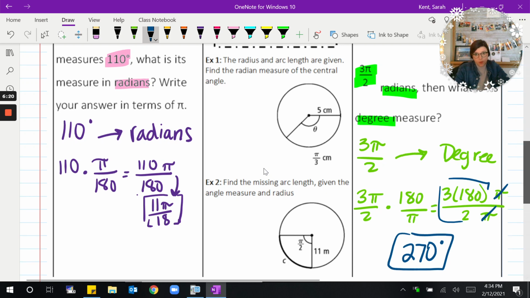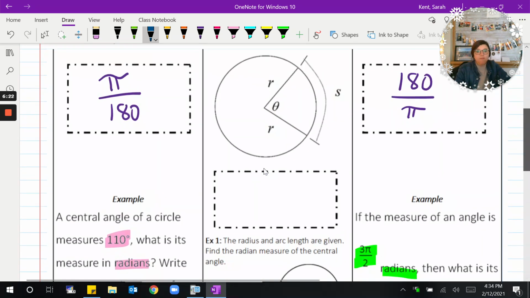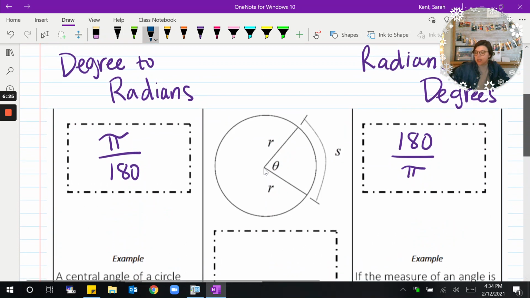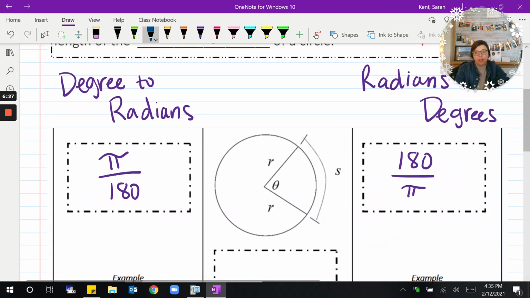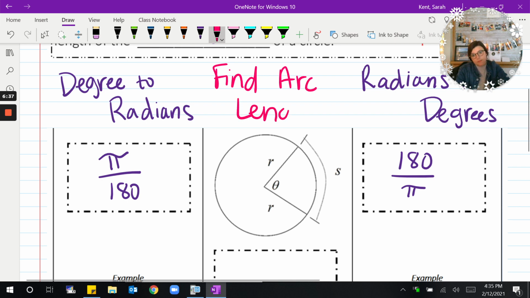Now we're going to look at how we can find the arc length, or if we're given an arc, find the angle. So this is looking at finding arc length. Here you can see another picture where R is our radius, we've got theta as our angle, and S is our arc that goes around.